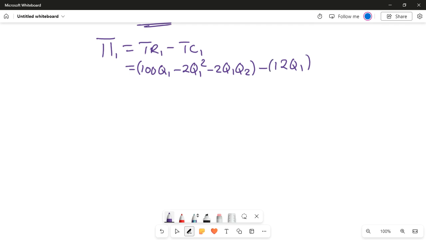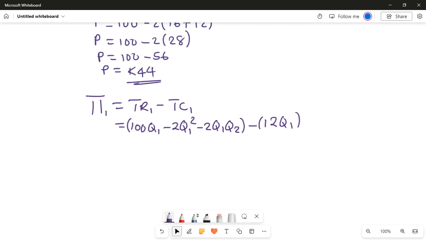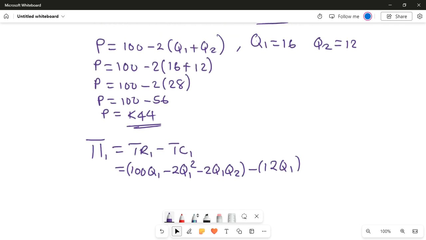So since we already know that Q1 is 16, Q2 is 12, then we just substitute, just replace.